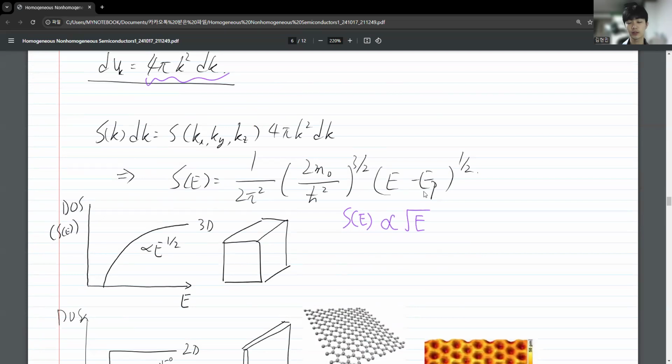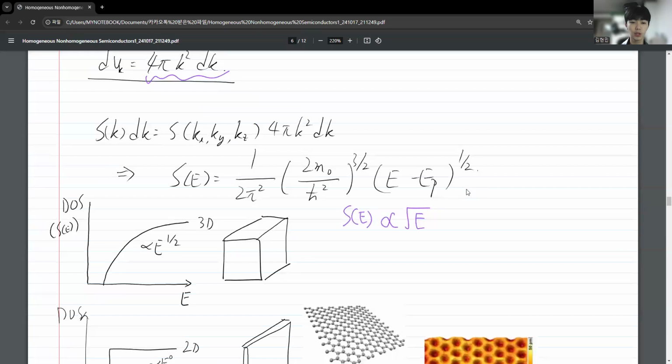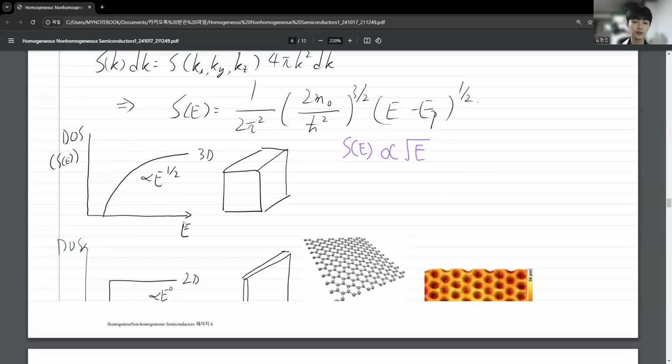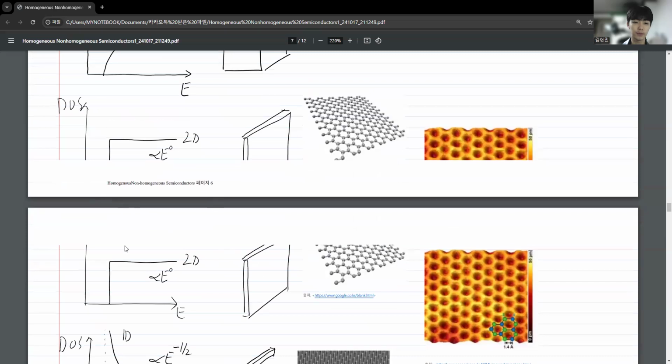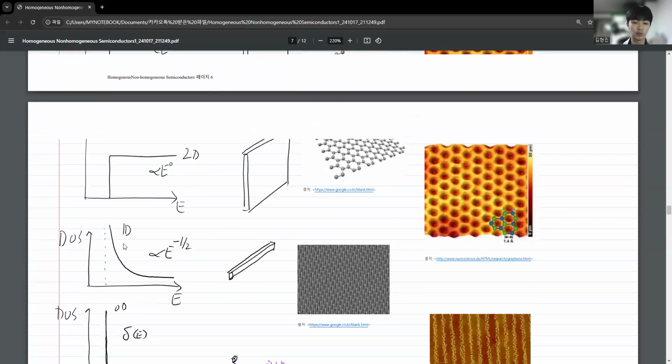The density of states is proportional to energy to the 1/2. This graph is the 3D density of states, this graph is 2D, this graph is 1D, and this graph is for one atom.